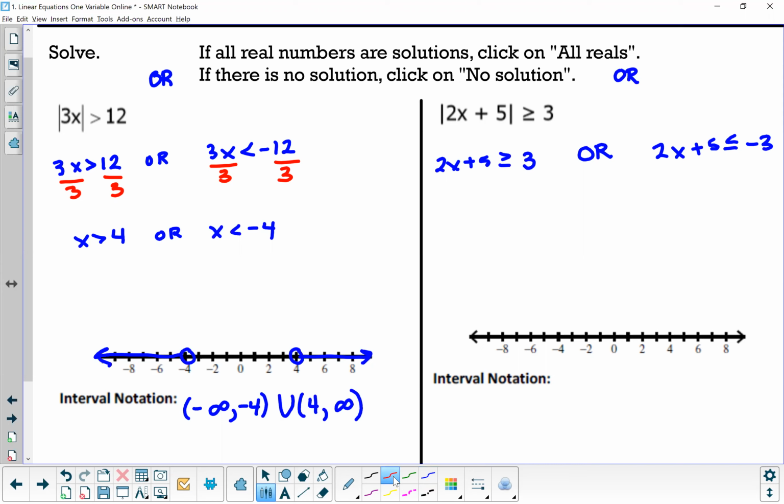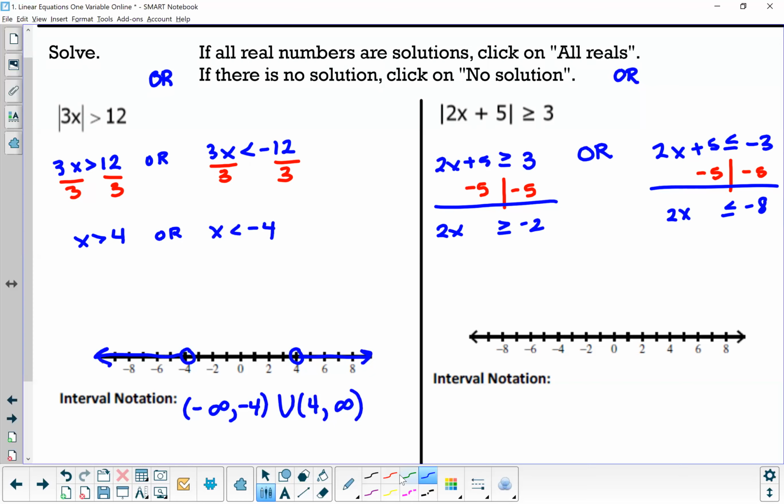I'm going to draw a line to separate my sides for my inequalities, and we're going to subtract 5 on each side for both inequalities. For the first inequality, that gives us 2x is greater than or equal to negative 2. The second one, we have 2x is less than or equal to negative 8. We're going to divide both sides by 2.